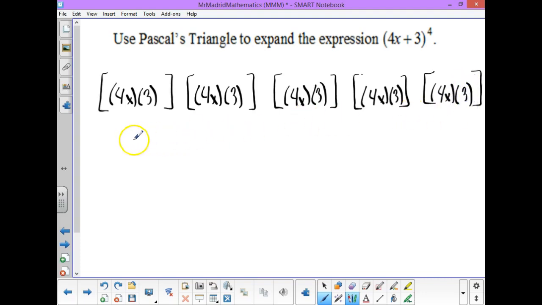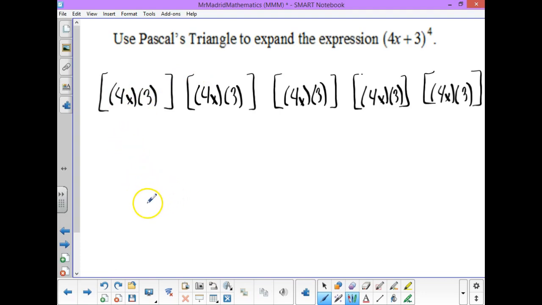So far I think this is very doable, right? See the exponent, list that many brackets plus 1, and then take each one of those terms and plug them in their own set of parentheses.